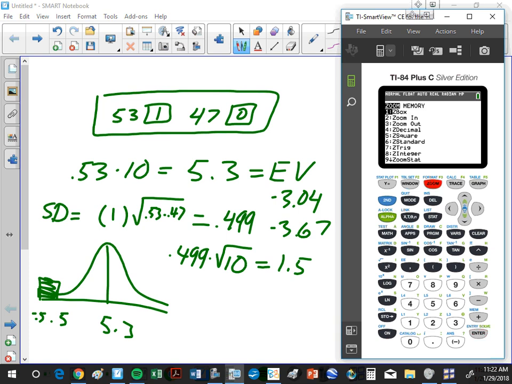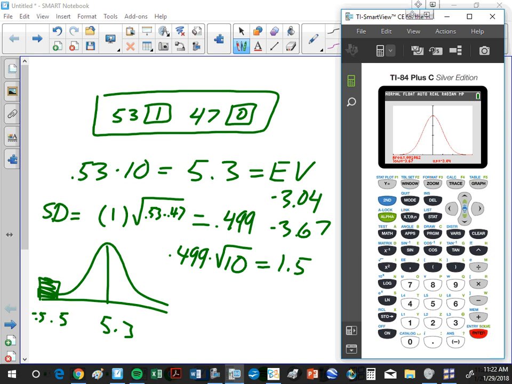So let's do zoom recall. And let me get rid of my graphs. And then we'll shade norm from negative 3.67 up to negative 3.04. So that area is going to be 1/1000th.